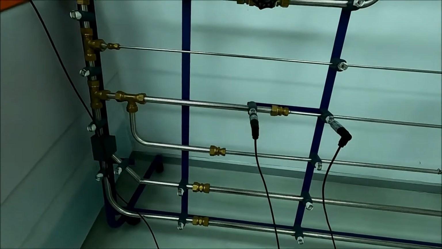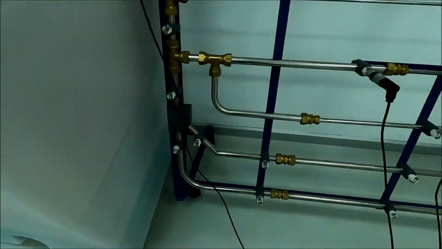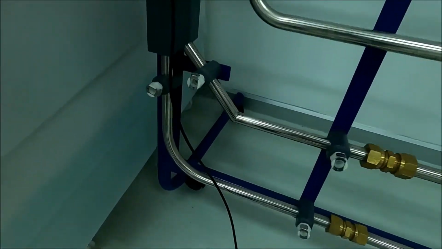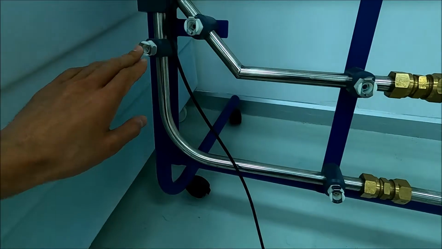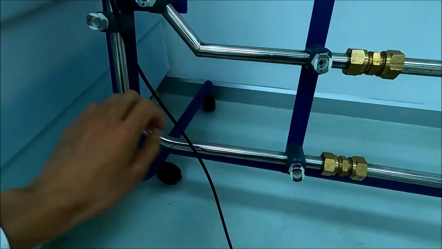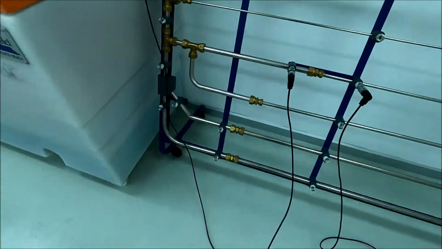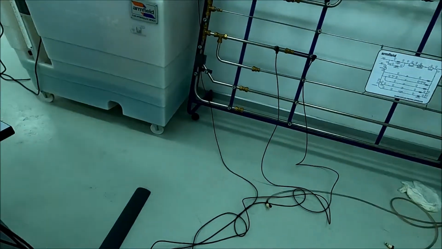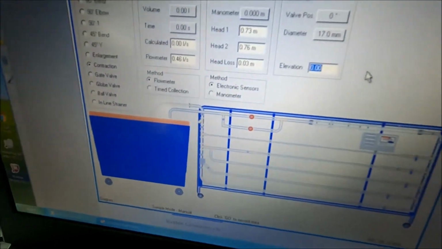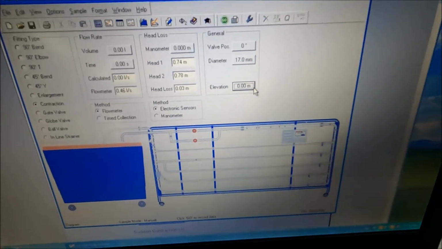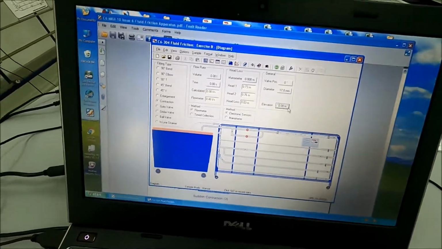For example, when we measure the large radius bend, the elevation between tappings is about 17 centimeters, so we have to put the elevation as 17 centimeters here. So let's start our pump.